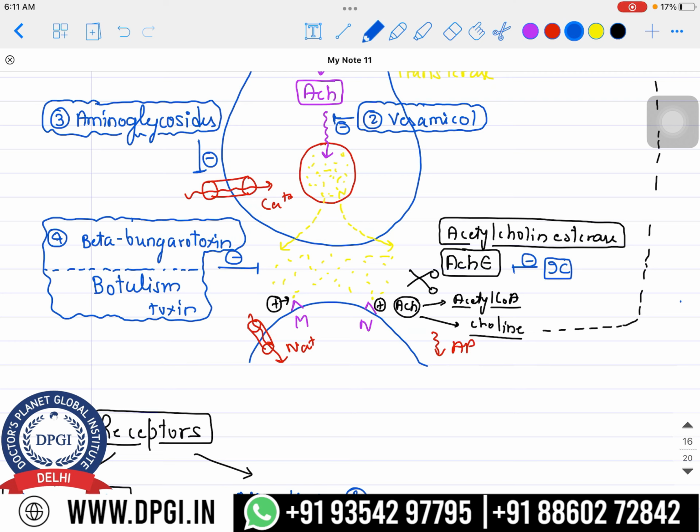If it is not working, they will not be able to cleave down the acetylcholine, so the acetylcholine number will be increasing in the synaptic gap. As the number increases, they will have more chances to bind to these receptors.